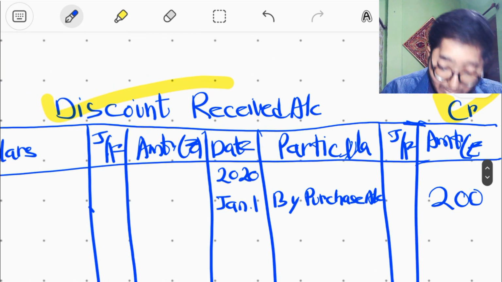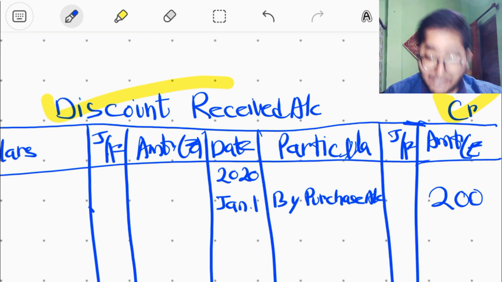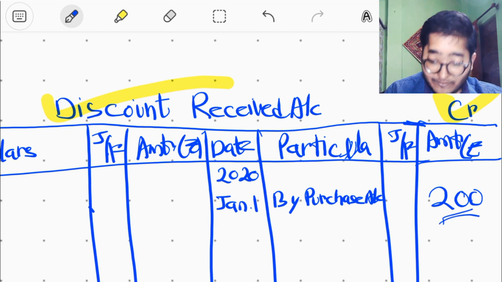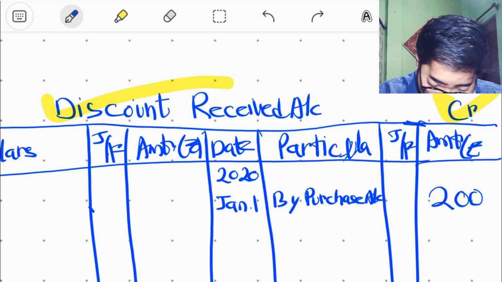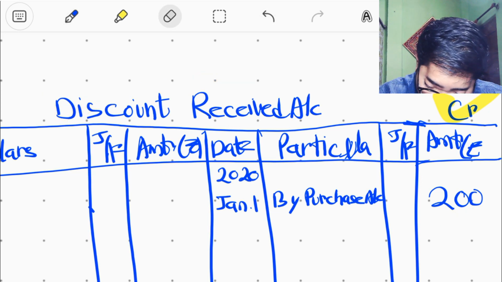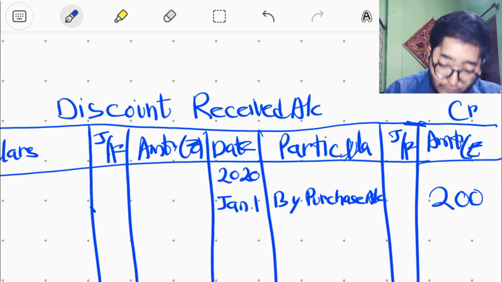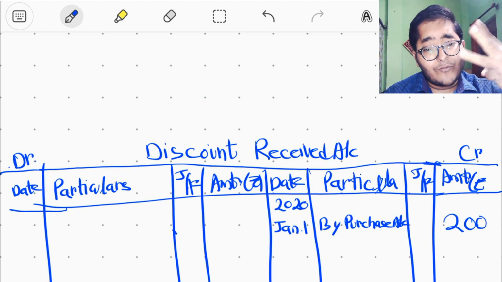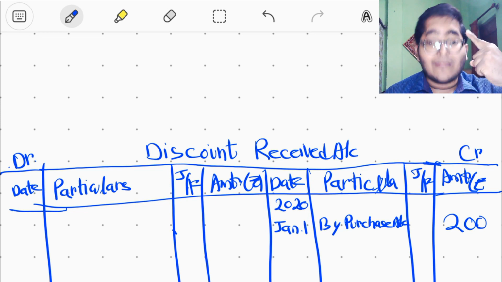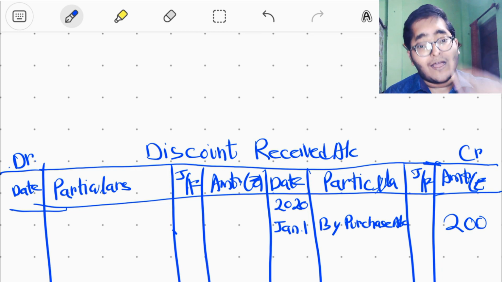Purchase account has credited discount received for rupees 200. I hope this is clear. So one transaction, three accounts affected: purchase account, cash account, discount received account.